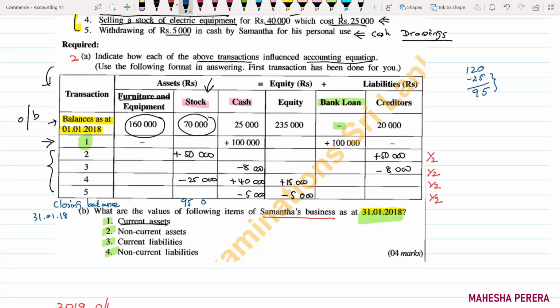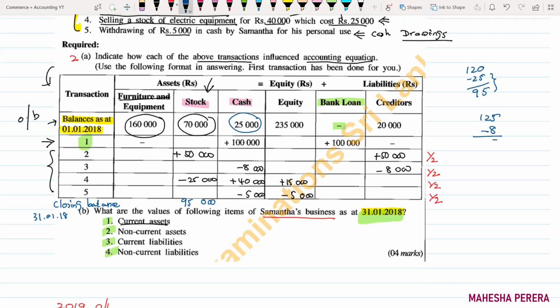Now, again, you need to find the closing balance of cash. So let's find out. An opening balance of 25,000 rupees. Then it increases by this much, 100,000. So it will become 125. Taking 8 අයින් කරන්න ඕනේ නේ. You need to deduct 8,000 from this.